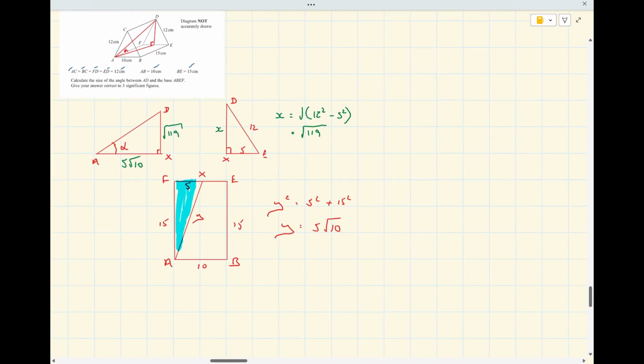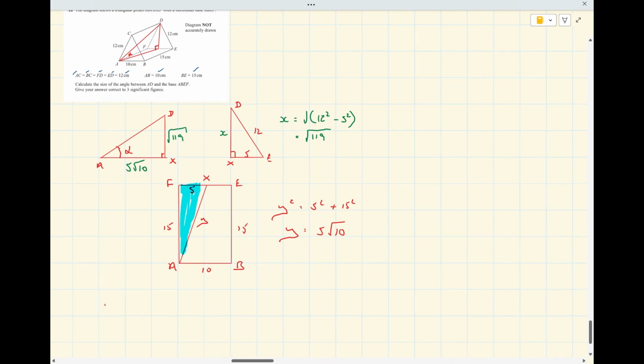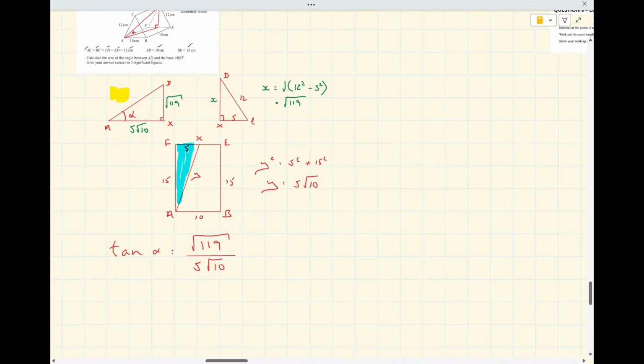So my method is working, isn't it? Because now I can look at this right angle triangle here, and I can say tan alpha equals the opposite, square root of 119, over the adjacent, 5 times root 10. So on my calculator, fraction function, square root of 119 over 5 times square root of 10 equals, and then I'm going to use shift to give me alpha.